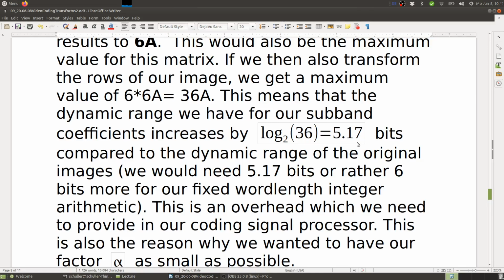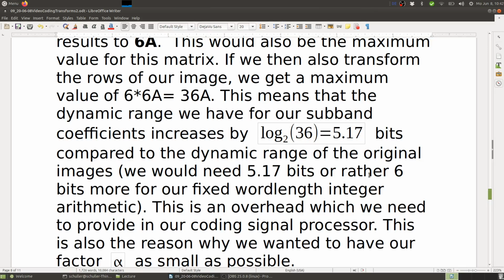Right? This factor translates into additional bit requirements. We need 5.17 bits more than the original 8 bits. So instead of 8 bits, the output would need to be encoded by 8 plus 6, which is 14 bits, because we need to round up.